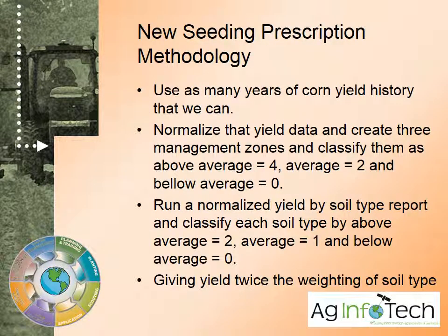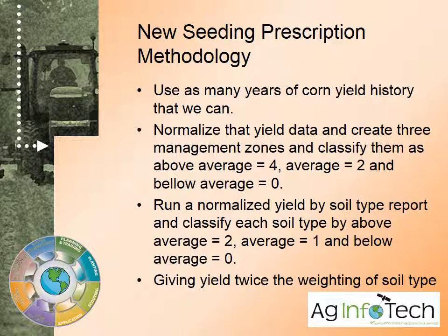So for this new seeding prescription methodology, we want to use as many years of corn yield history as we can. We then normalize that yield data, which I will explain in a little bit, and we create 3 different management zones and classify them as above average. We give that a weighting of 4, average we give a weighting of 2, and below average we give a weighting of 0.